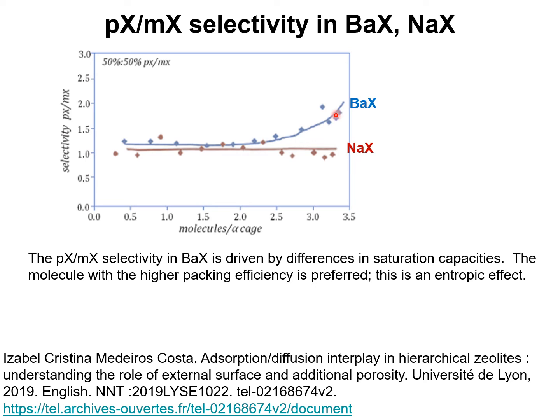So the selectivity in favor of paraxylene is due to entropy effects.